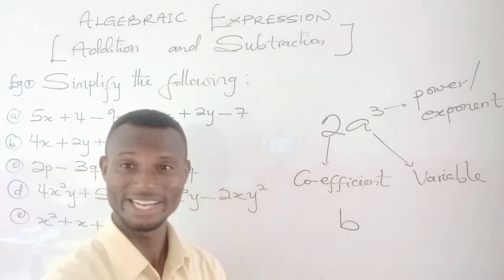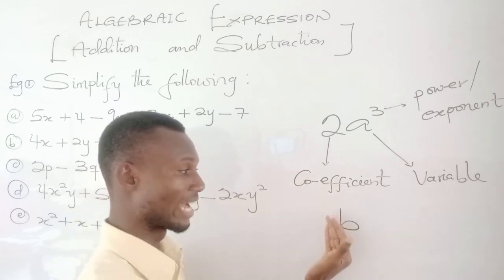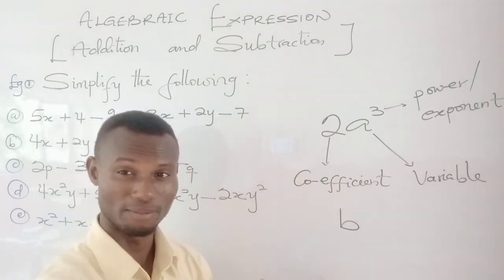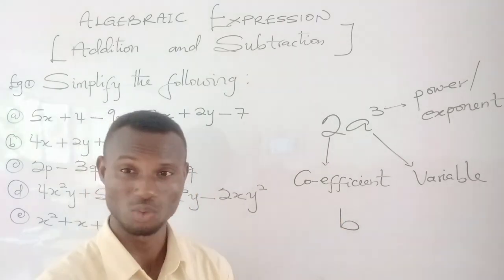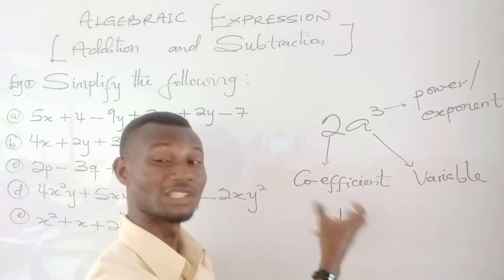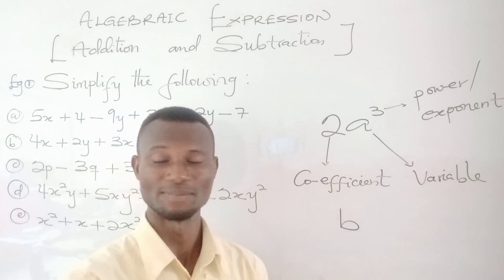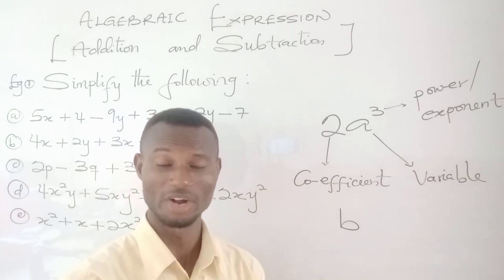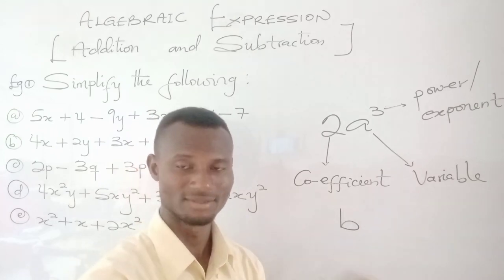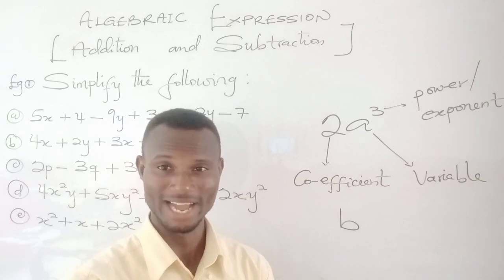Because I just explained that if there is no specified number in front of the variable, it means the coefficient is 1. And if there is no specified number on top of the variable, it means the power or the exponent is also 1. Okay, I hope you understand.